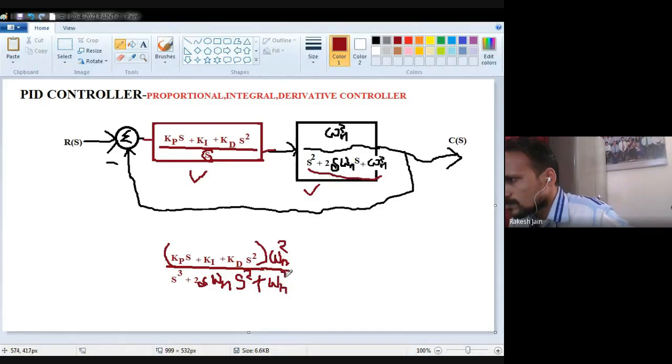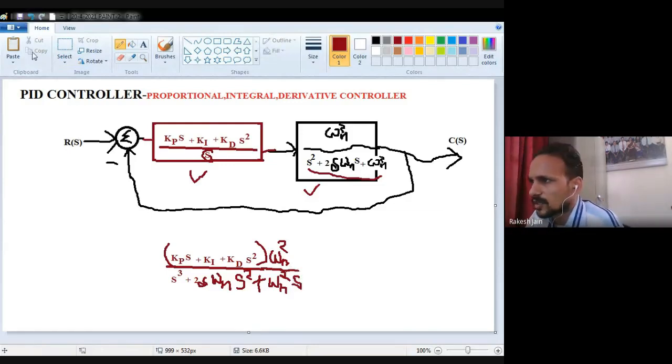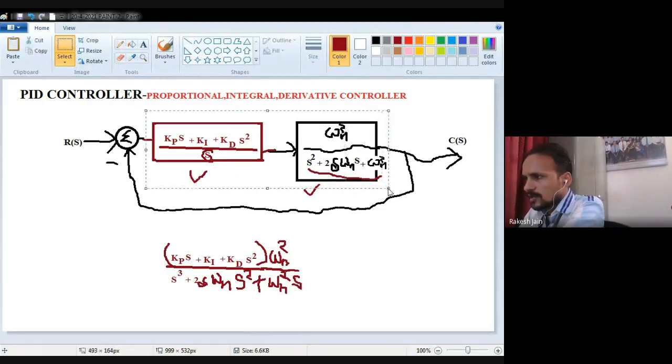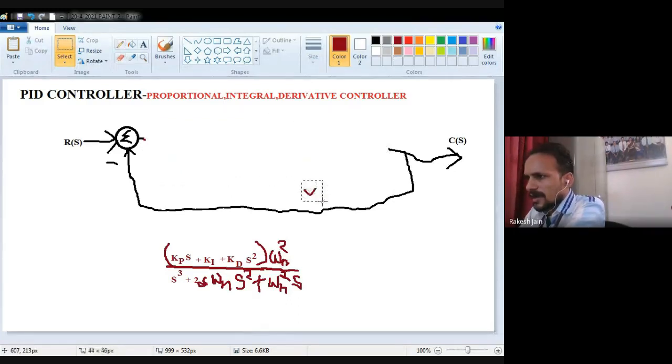So after the multiplication of these two terms which are in cascade, instead of these two blocks we find only a single block, and that is this one.